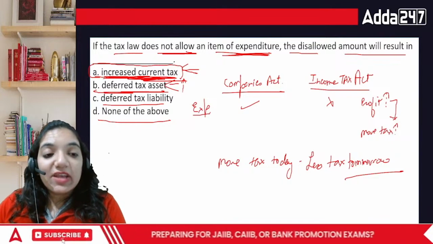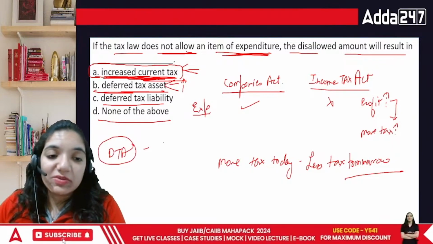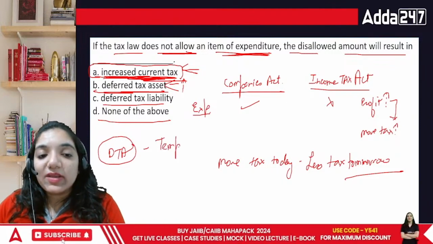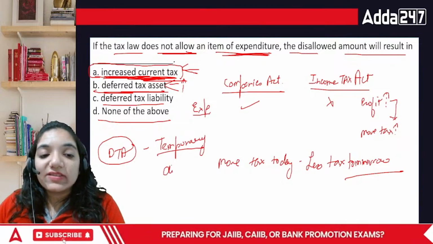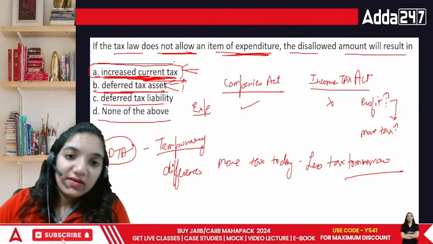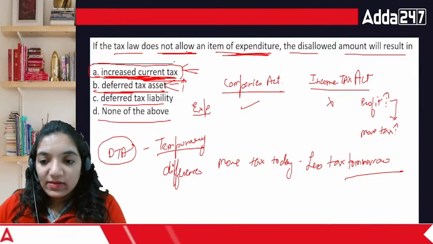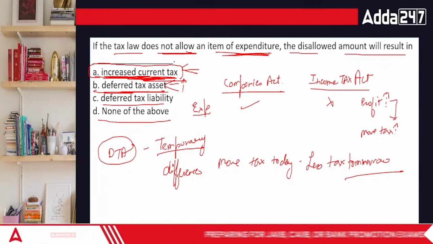And at the same time, DTA is formed when they also specify the word temporary. Whenever you find temporary differences between the laws, only then DTA arises. Okay? It's a very important area to understand this entire calculation method.